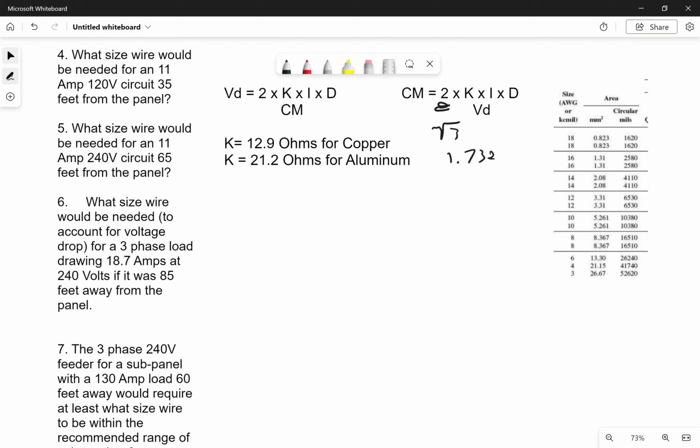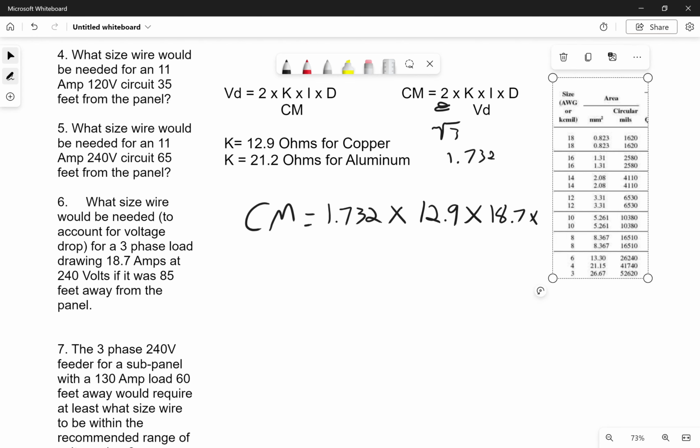Okay, so let's start plugging our stuff in, right? So we need to know our circular mills. It's equal to 1.732, or the square root of 3, times K, which we're going to assume is copper, times I, which is 18.7, times distance, which is 85 feet away.